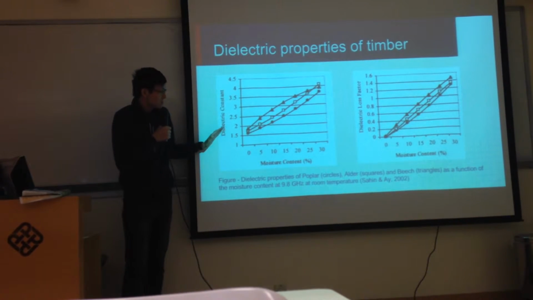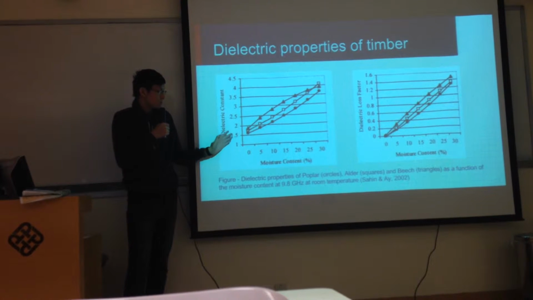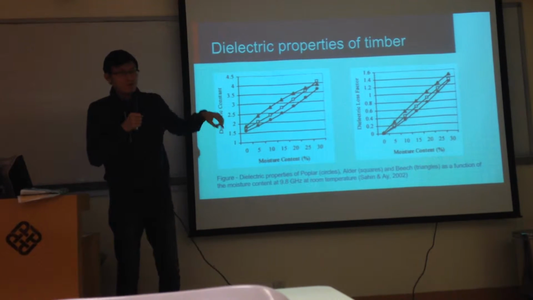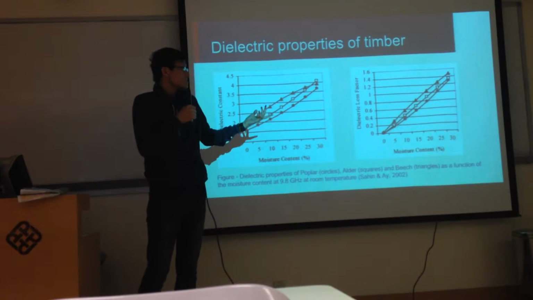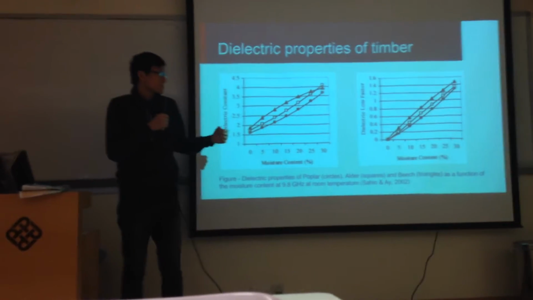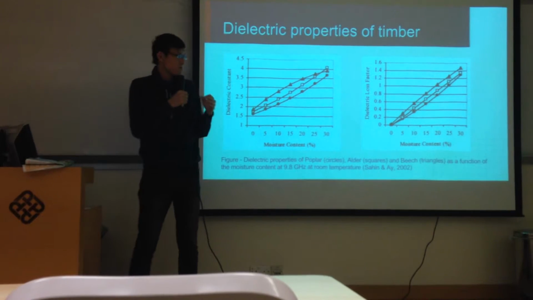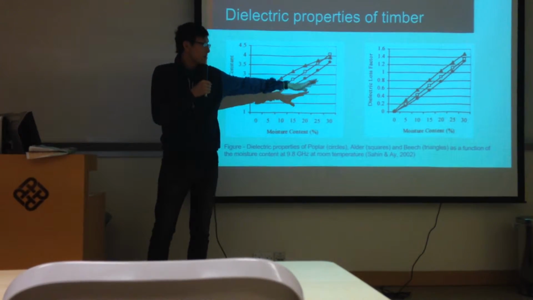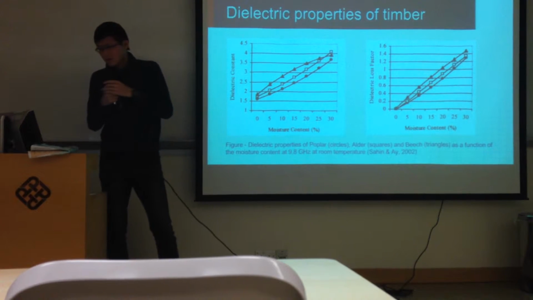So we can see that the dielectric constant value increases gradually with the increase in moisture content, while on the other hand, the dielectric loss factor is also positively correlated with the moisture content. And you can see the trend from that figure.